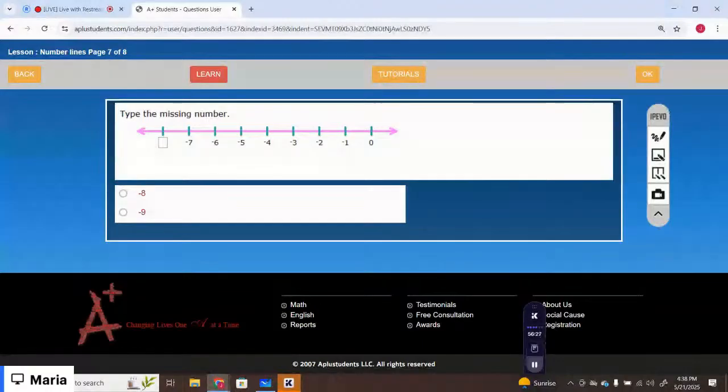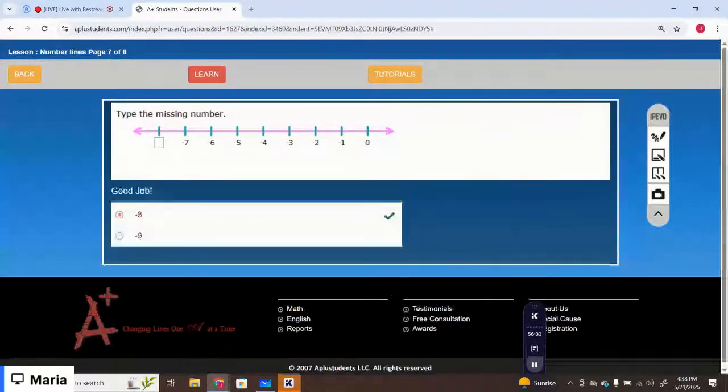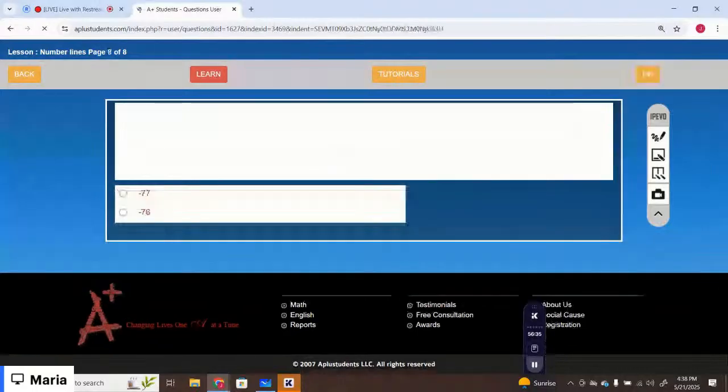Negative 88, option number one is the correct option. Type the missing number. That is negative 77.